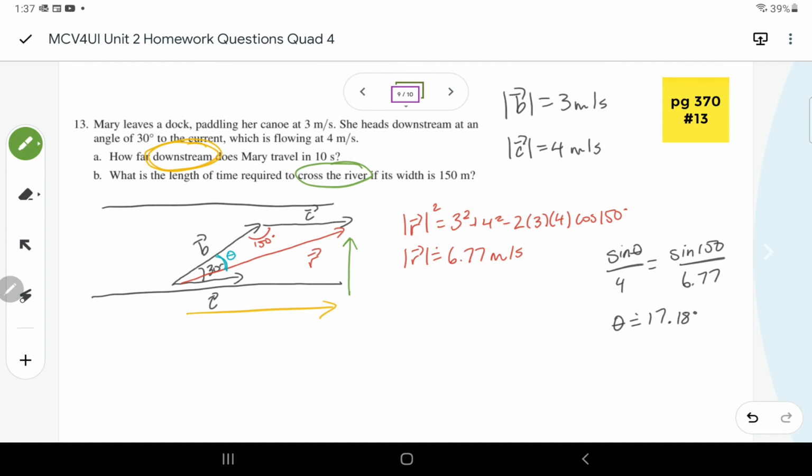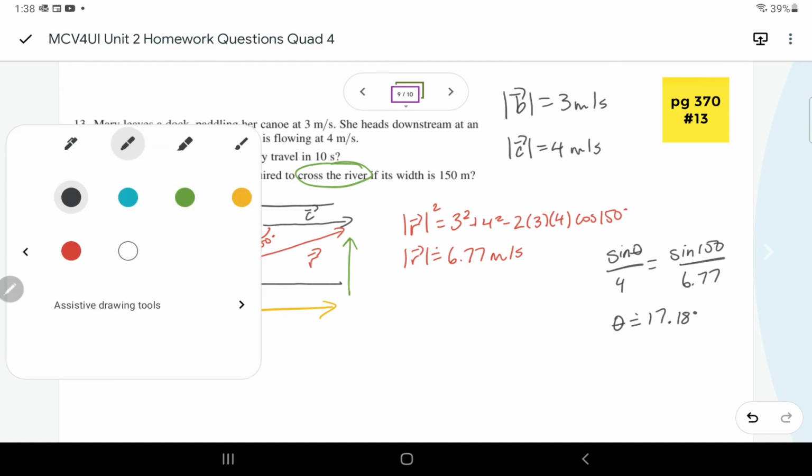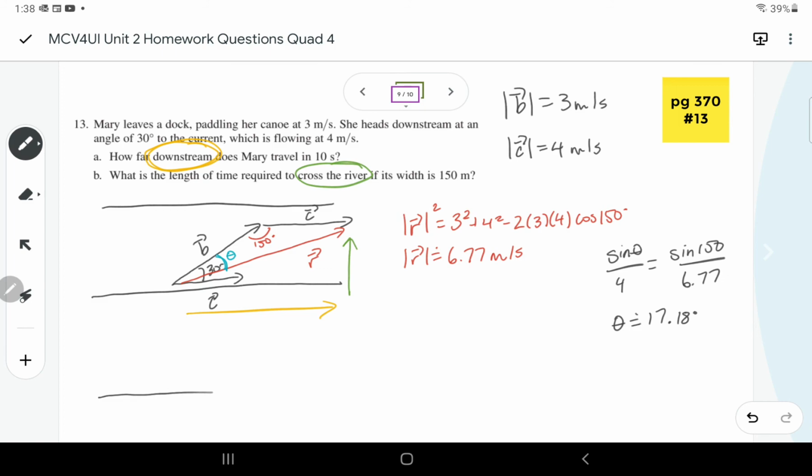So what I'm actually going to do is break apart my resultant velocity and figure out how much of that velocity is going downstream and how much of that velocity is going across. So if this is my resultant, I'm going to call this V1 and V2, because I'm going to want to break this apart into how much of my velocity is going down the river and how much is getting me across the river.